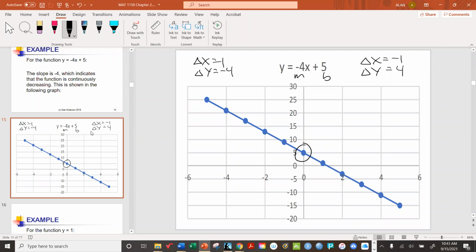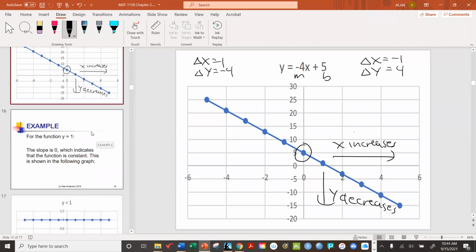So x increases and y decreases. And that's what it means to have a negative slope. Two things that are going in opposite directions, like the amount of time that you spend watching TV and your GPA, for example, could be an example of how these 2 variables go in opposite directions.